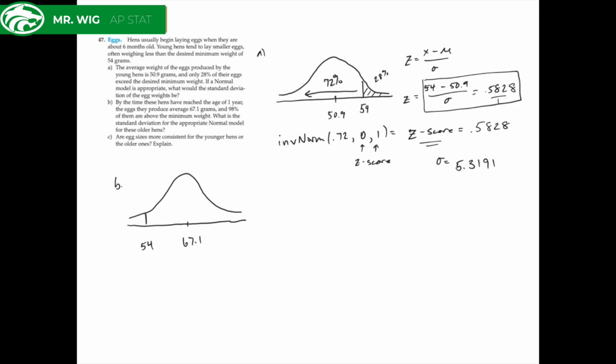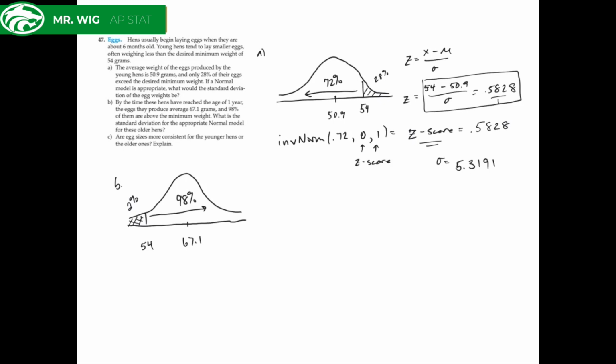We know that for these hens, 98% of their eggs are an acceptable weight. So the area down here, the one I'm going to work with, is 2%, because that is the percentile. The way we set it up, using the percentile, has to be the area to the left.